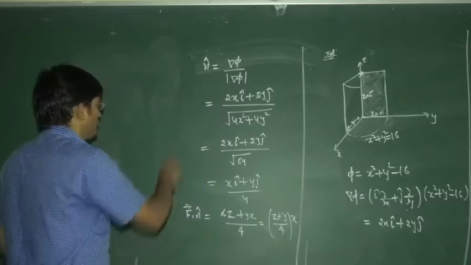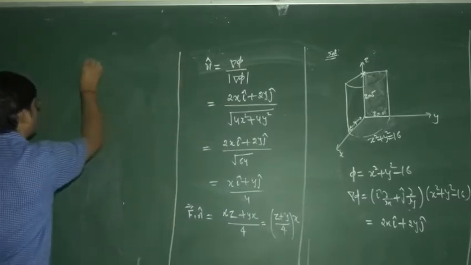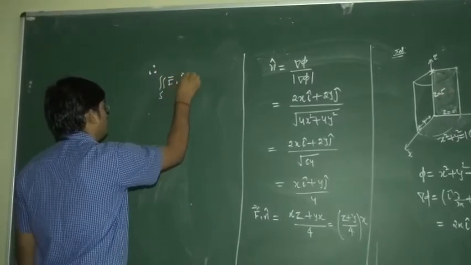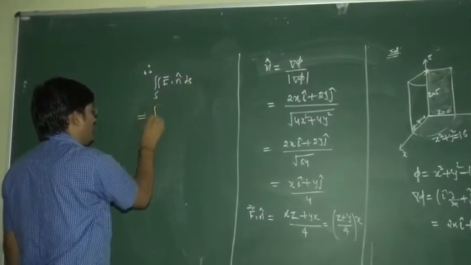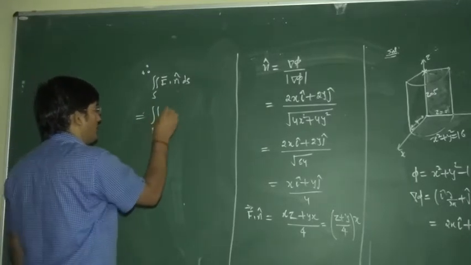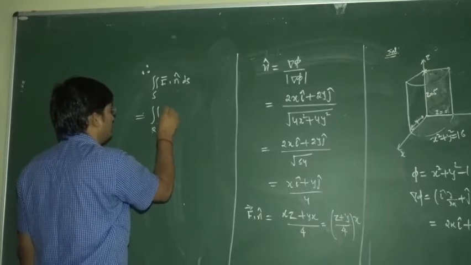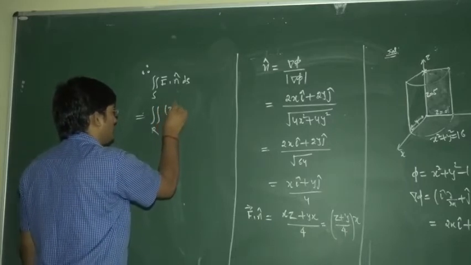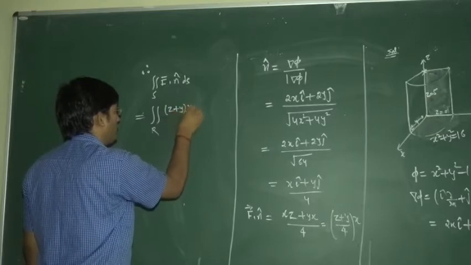Okay, so this is your F dot n. Therefore this surface integral is equal to, now if you take the projection in the yz plane, then we have F dot n is (z plus y) into x upon 4.